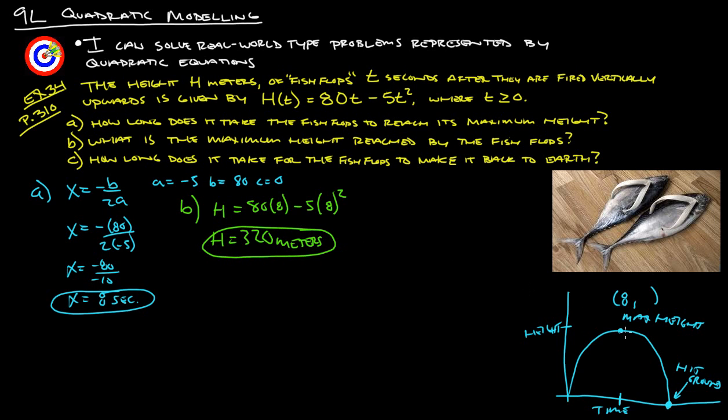So the max height of those fish flops after they're launched is 320 meters. That's pretty high. Well, it took 8 seconds to get up there, so that's fairly understandable. I wonder what they're launching this thing with.